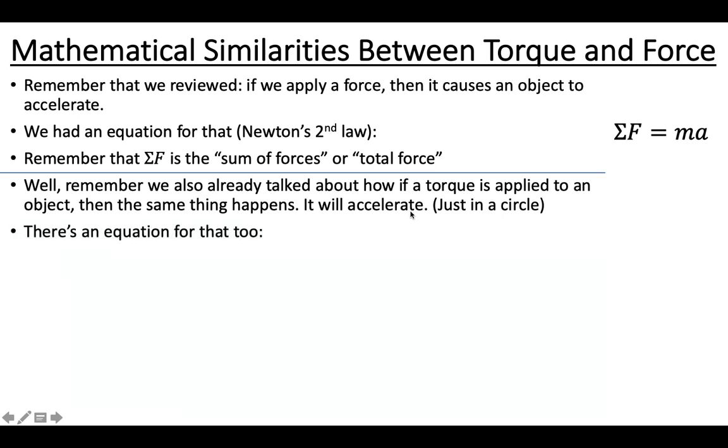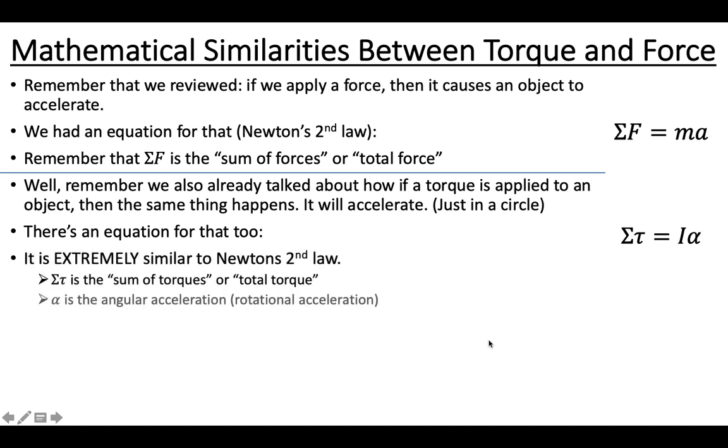And there is an equation for this too. And here it is. The sum of torques, or the total torque, equals I alpha. Remember from last time, this is torques over here on the left with the tau. Remember from last time, alpha is acceleration, just circular acceleration or rotational acceleration. And I'll put those right here.